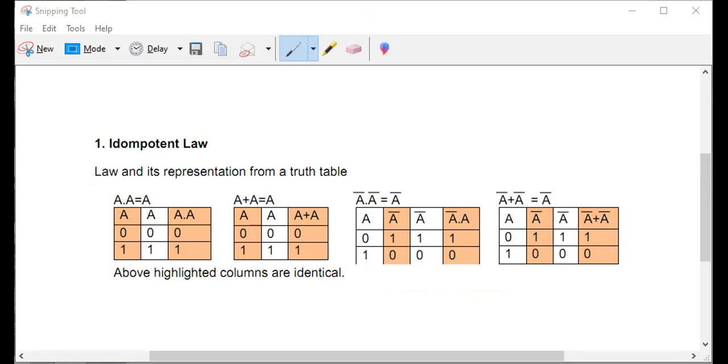Most laws exist in two forms, that is the multiplicative form and the additive form.